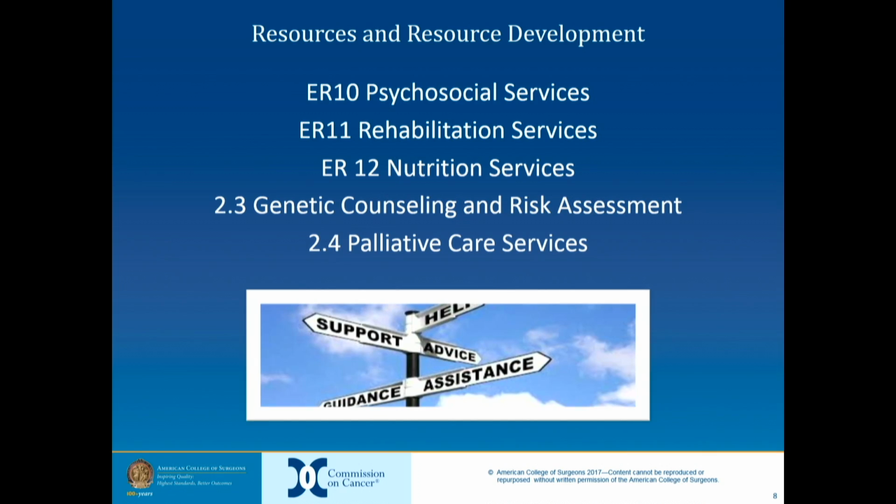So resources and resource development, as a part of the Commission on Cancer standards, we also require that programs identify their resources in several of the buckets that are listed here on this slide. Once the assessment is completed and the barriers have been identified, the programs are asked to prioritize and address specific identified barriers. So a comprehensive inventory of internal and external resources is an essential component of the standard.